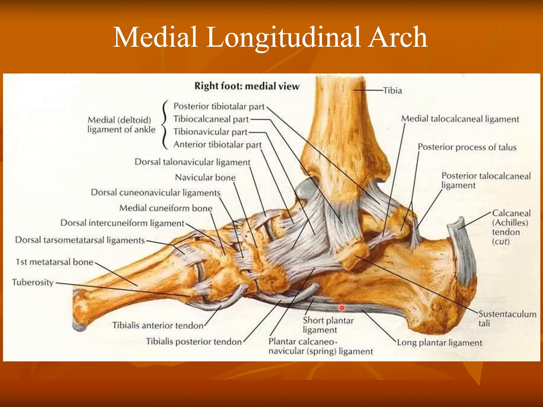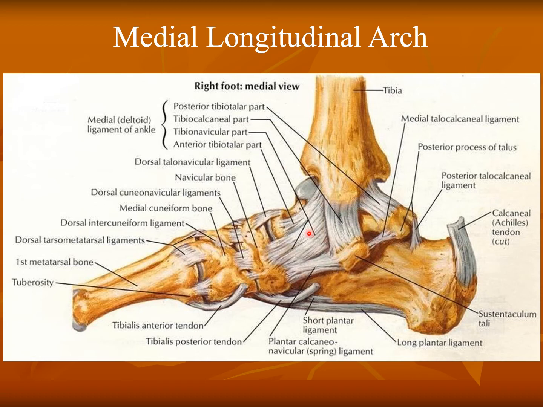So here you can see the medial ligament, which is also known as the deltoid ligament of the ankle. This medial ligament and the tendon of tibialis anterior act as a suspension bridge. The medial ligament of the ankle has different parts: posterior tibiotalar, tibiocalcaneal, tibionavicular, and anterior tibiotalar.